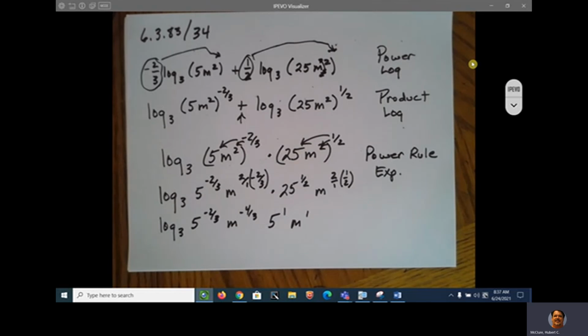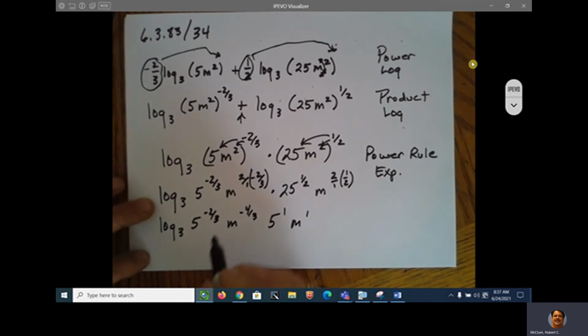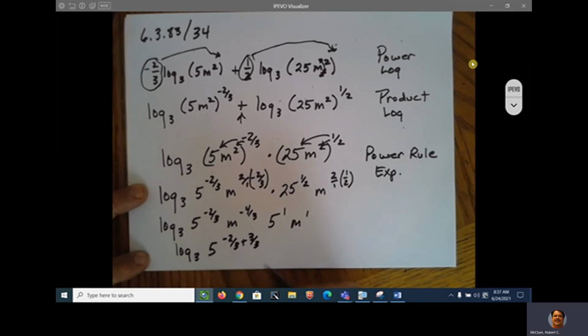And now we just add exponents because we're still multiplying. So log base 3 of 5 to the negative 2/3 plus 3/3, and m to the negative 4/3 plus 3/3.